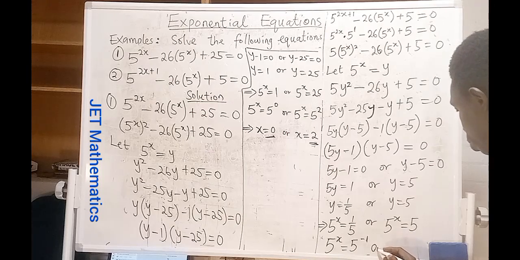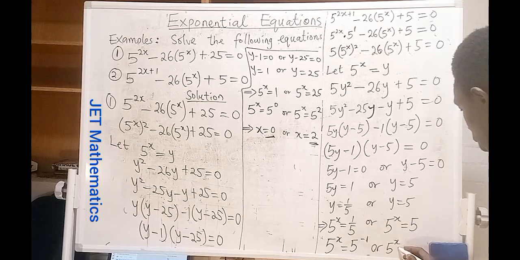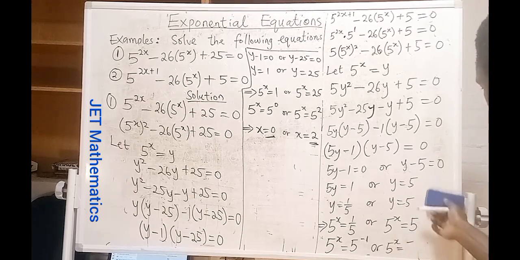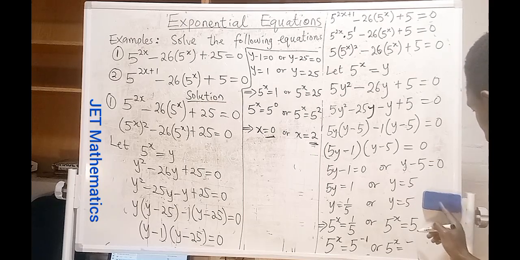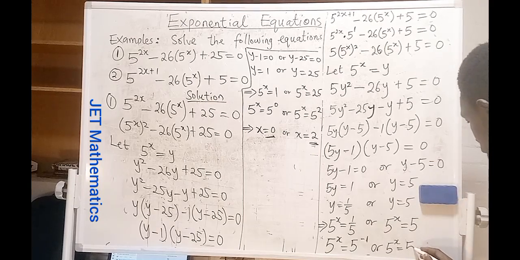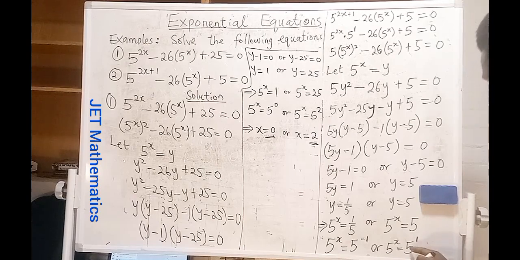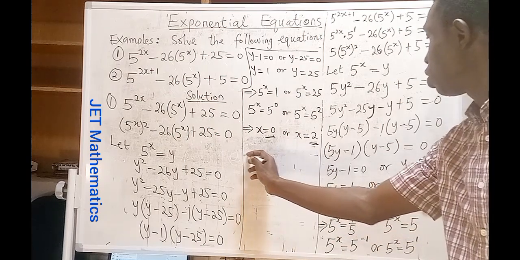Or 5 raised to the power x is equal to 5 raised to the power of 1. 5 raised to the power of 1 is still 5. Okay, so let's just finish it up here.